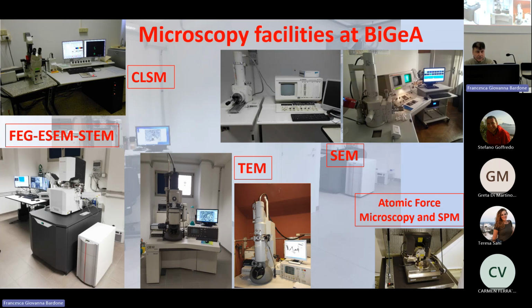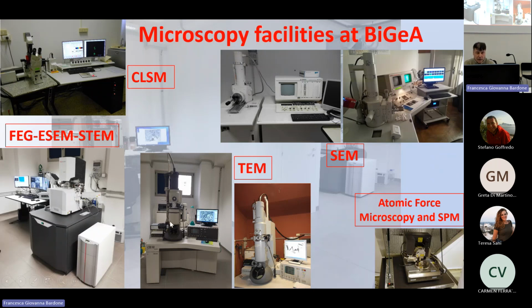We have a FEG, field emission gun, environmental scanning electron microscope, which can also work in transmission. So it's FEG, ESEM, STEM. STEM stands for scanning transmission electron microscope: the electrons are transmitted through the specimen, but also scanned over the surface.